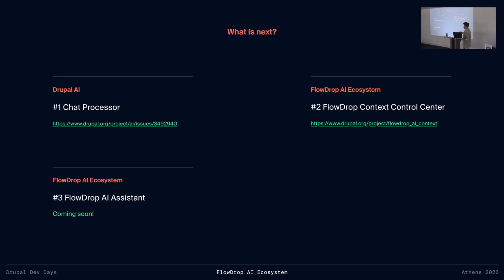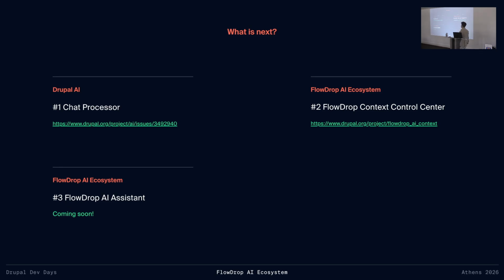And what we are working on is adding this plugin system in order to let you trigger something from a chatbot in whatever custom module that you have, not only from the AI Assistant API. So there you have the link to the issue. At the very beginning, it was thought to be in Drupal AI 2.0, but we have something that is nearly done, and we are planning to have this in an early version like 1.4 or 1.5.